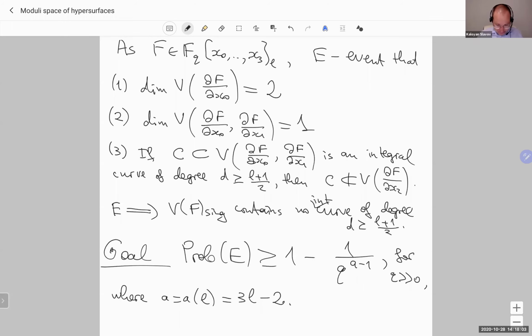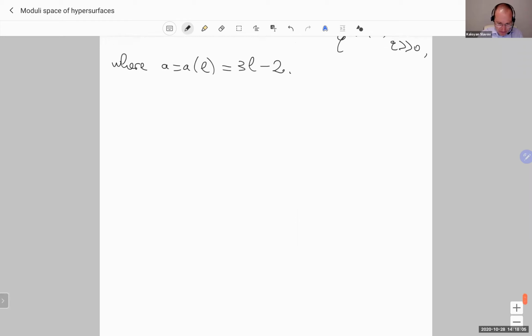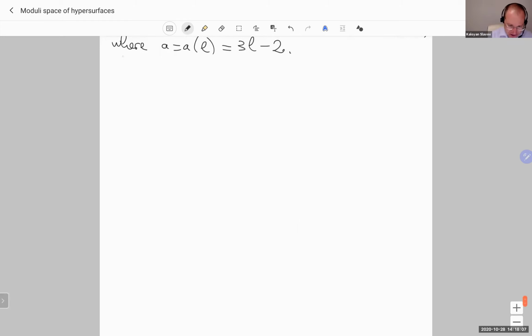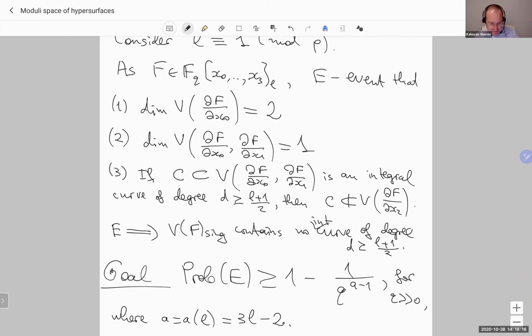Now, here is what we do. The problem here is you have these partial derivatives, df dx0, df dx1, df dx2. They all depend on f. They all come from f. That's the problem. They're not like independent quantities.